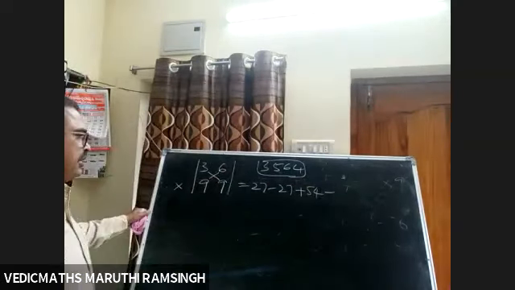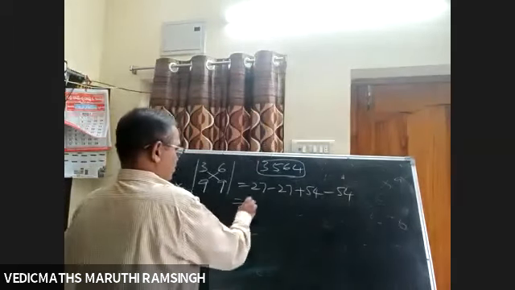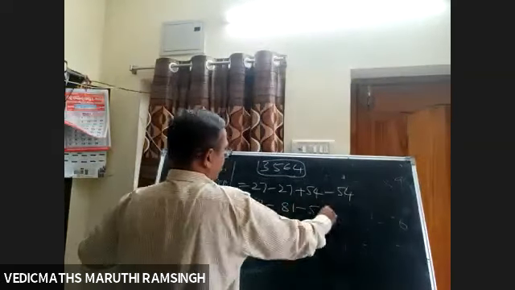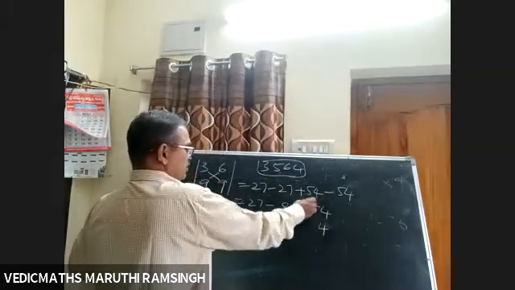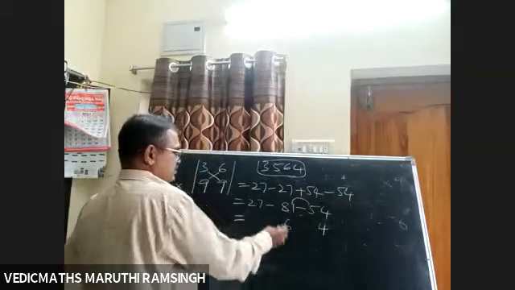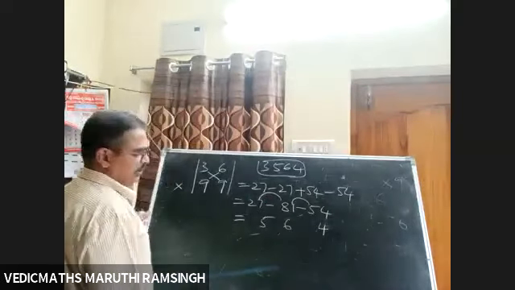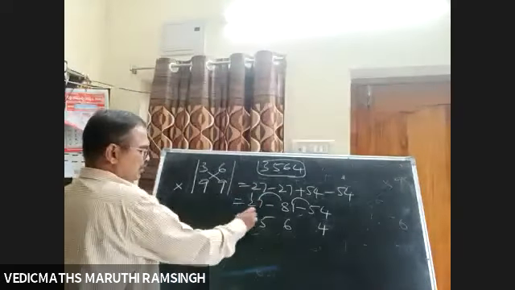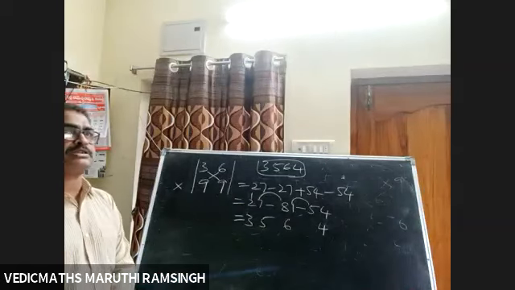Right side vertical, 6 9s are 54. 27 dash 81 dash 54. Answer starts. 4 comes down. 5 plus 1 is 6. 8 plus 7 is 15. We got double digit number. Write 5 in the answer and adjust 1 here. 2 plus 1 is 3. 3564 is the answer.